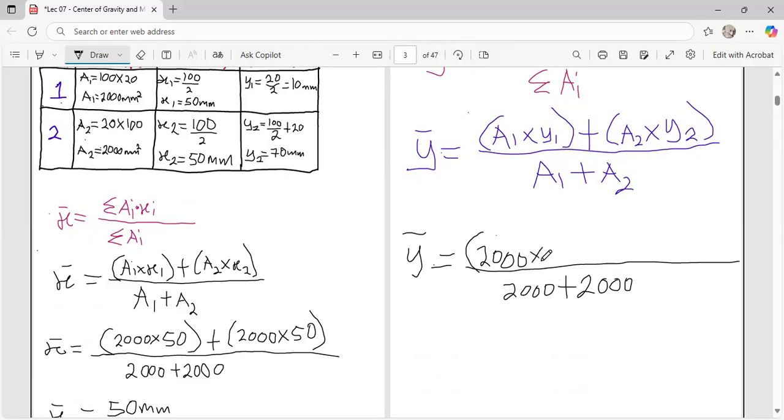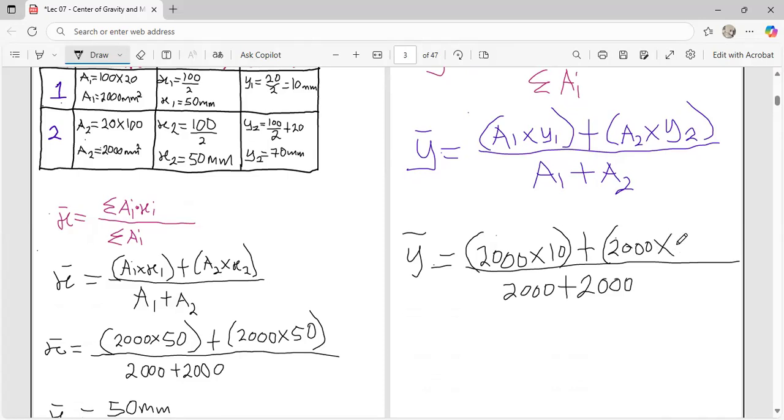And what is the value of our Y1? It's just 10. You can see it over there in the table. Plus, our A2 is also 2000, times the Y2.